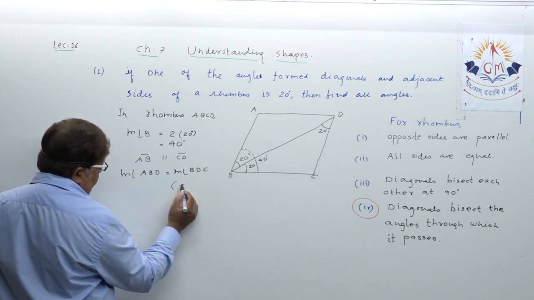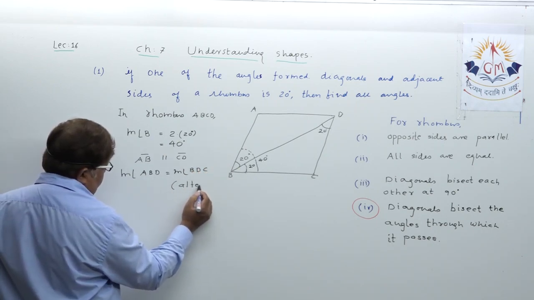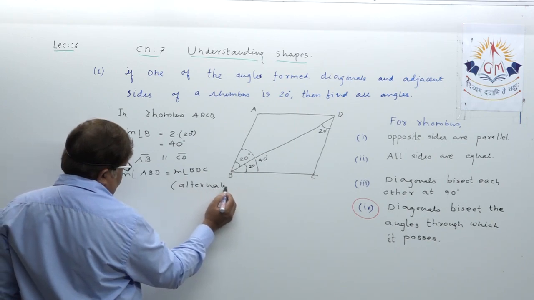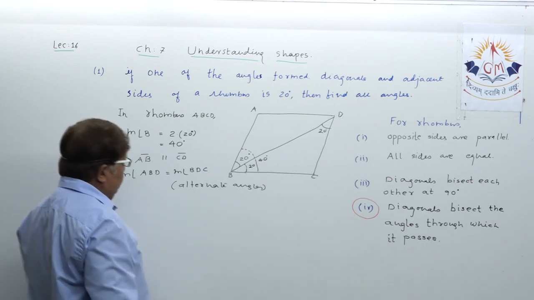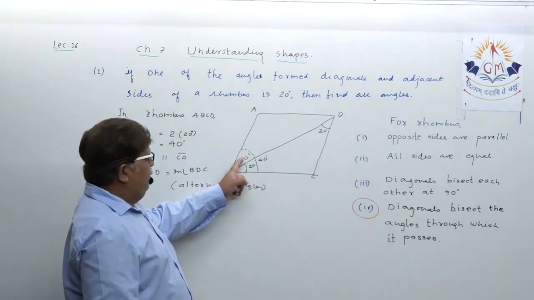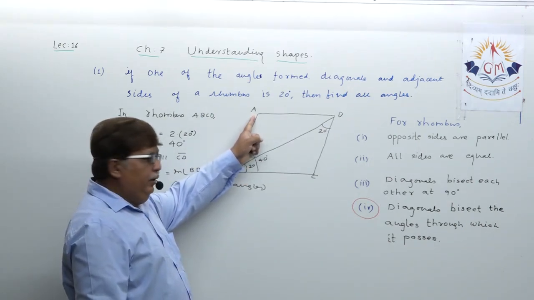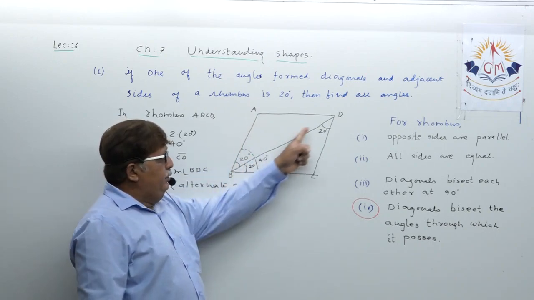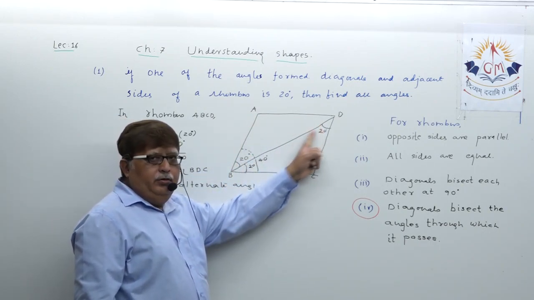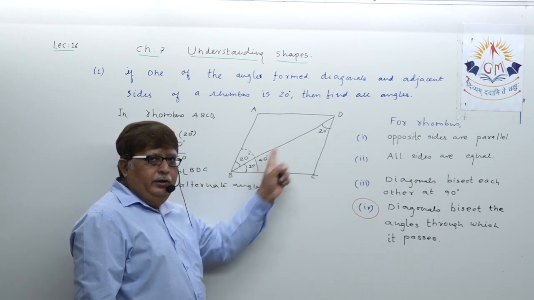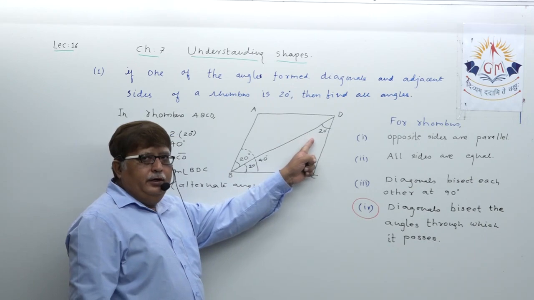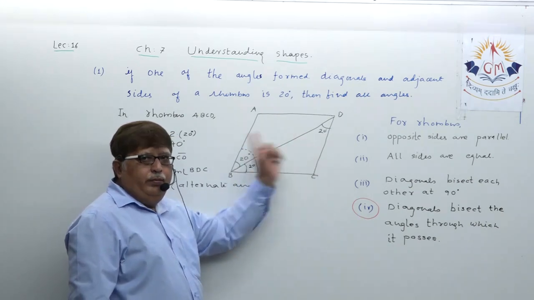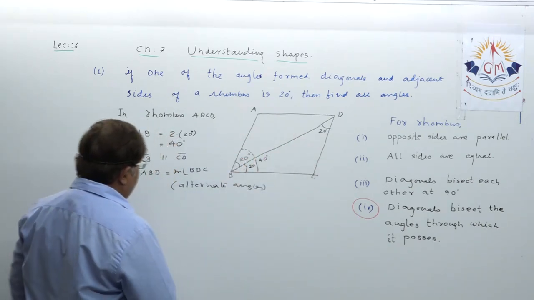In brackets, what you will write? Alternate angles. Okay. I speak the name of this angle A, B, D. Name of this angle B, D, C. Alternate angles formed by parallel sides.